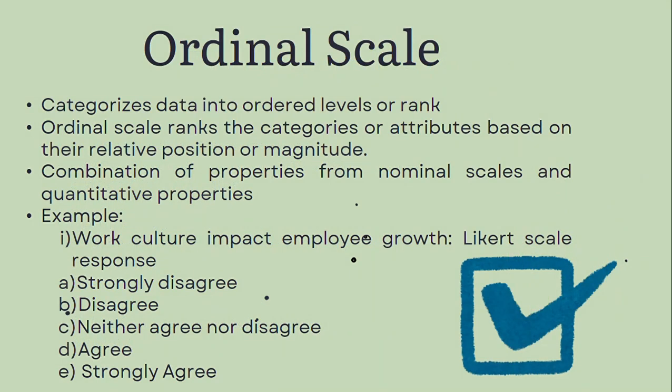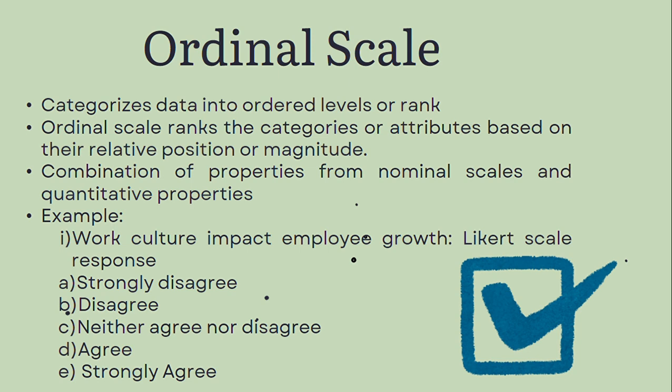Next is the ordinal scale. Ordinal scale is when we have categories of data with an ordered level. In other words, we can say the rank of the data. This is the combination of the nominal scale and a qualitative property. Quality means the quality of the data. So the nominal scale categorizes or specifies the attribute of the data.